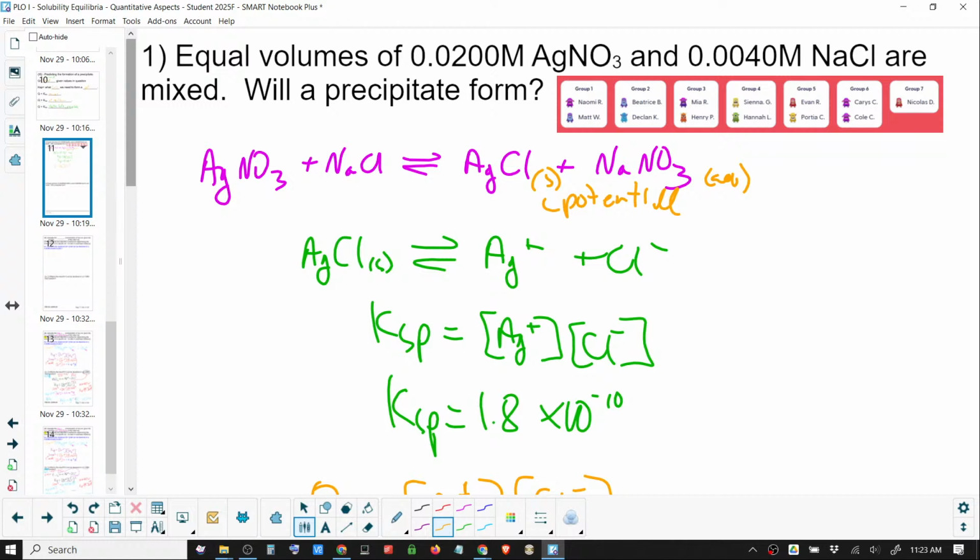Where'd you get 0.012? You can't add them together. You want the concentration of silver separate.